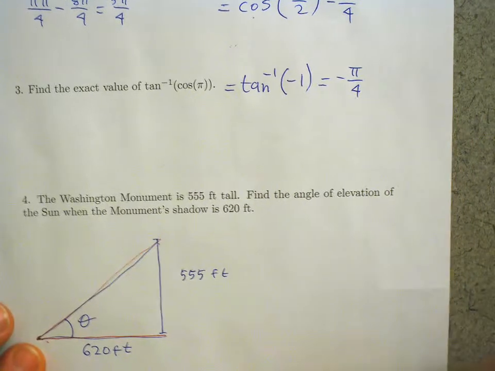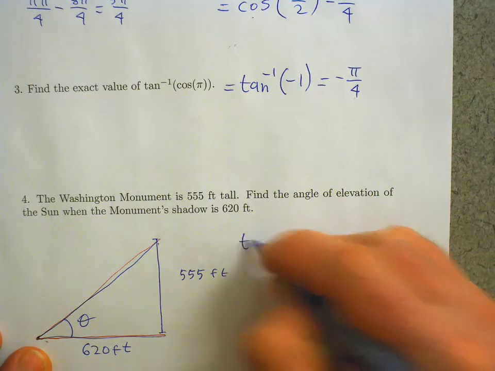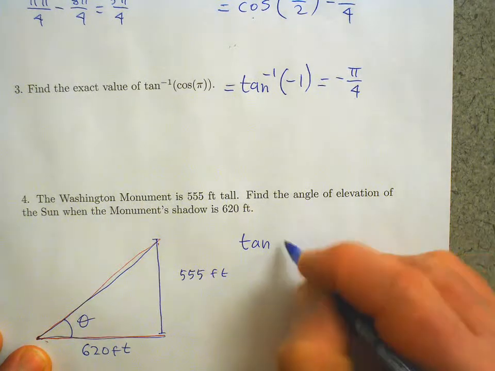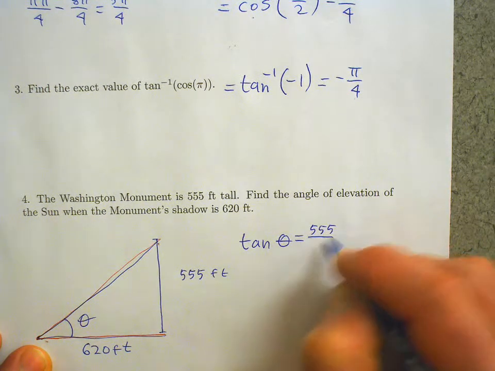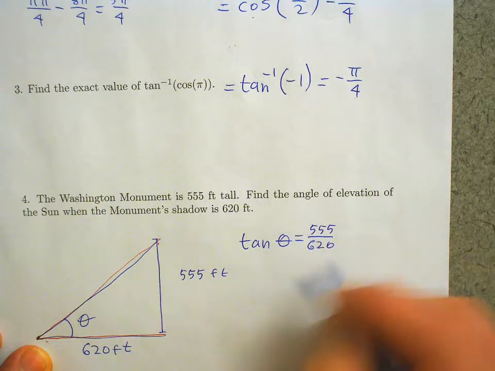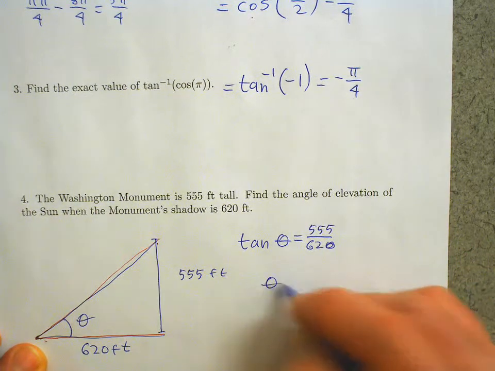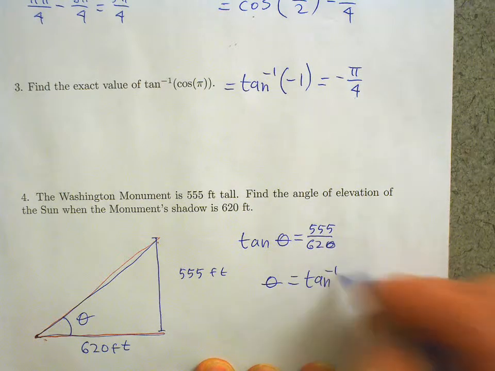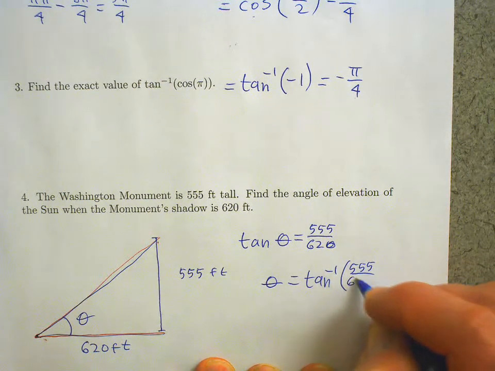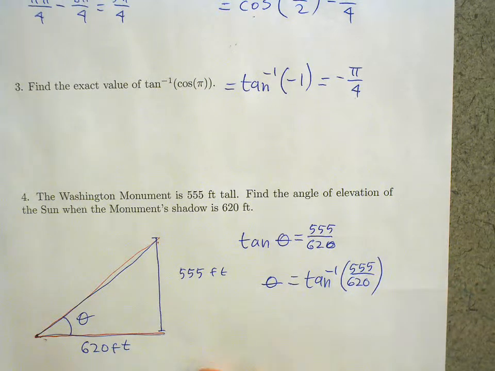So it looks like the easiest thing is to first write tangent of theta is 555 over 620. And so theta is the inverse tangent of that number, 555 over 620. That's a good enough answer. Okay, next page.